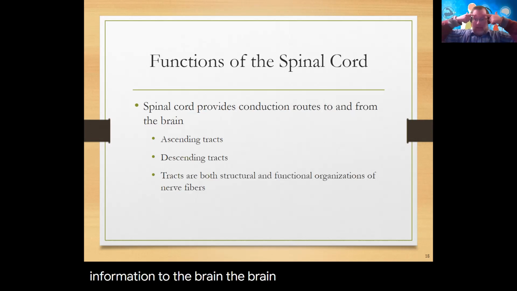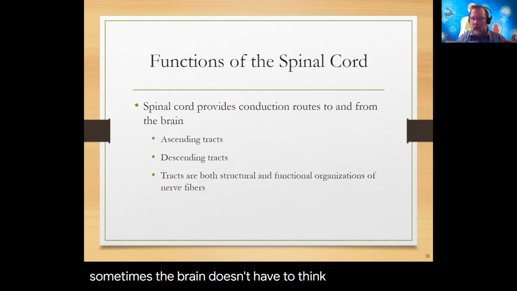The brain has some ideas. Sometimes the brain doesn't have to think, right? We have automatic responses. So we send those automatic responses, or those more somatic conscious responses, from the brain back down the spinal cord to elicit some sort of response.